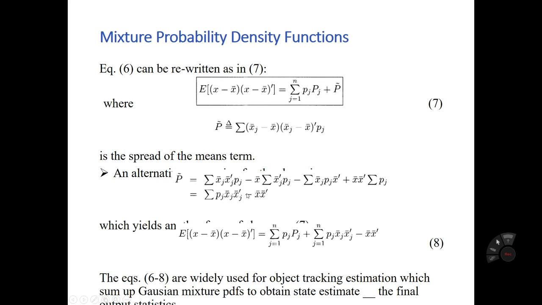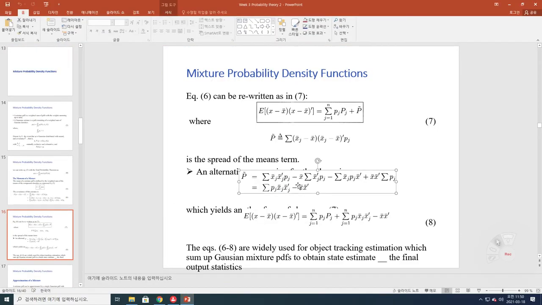If we solve here, multiply and separate, we will obtain the final equation, which will be like this.